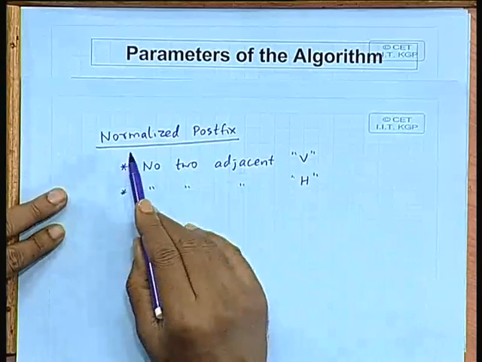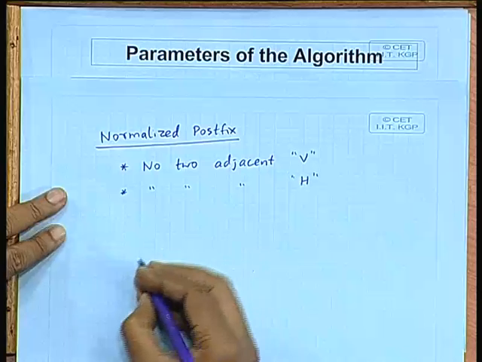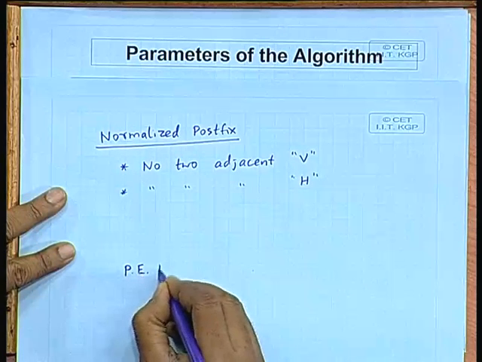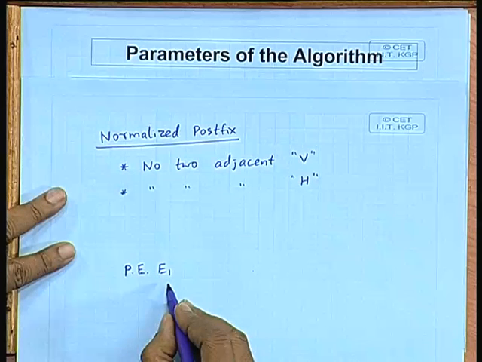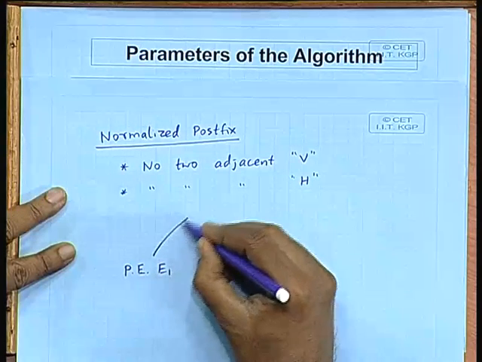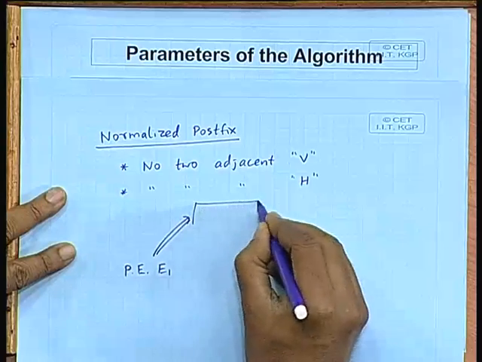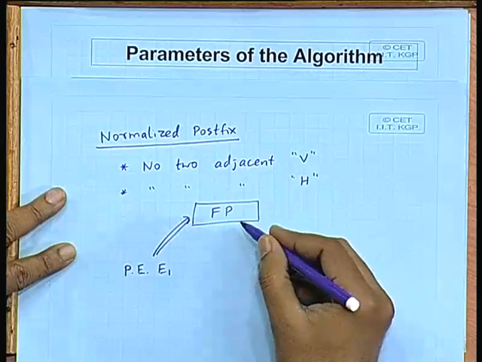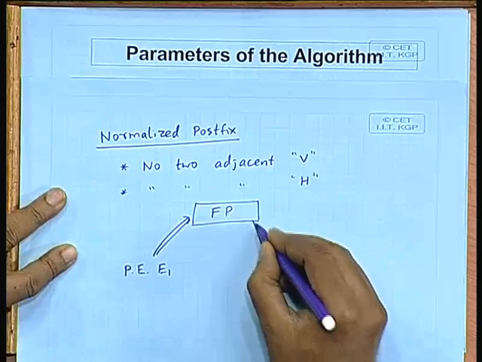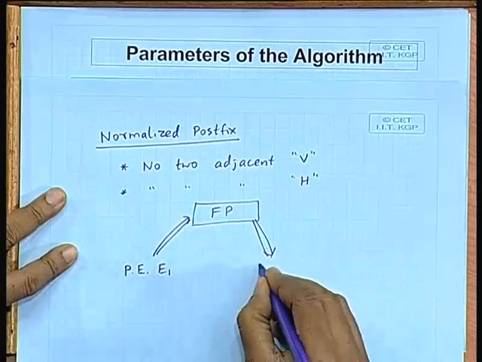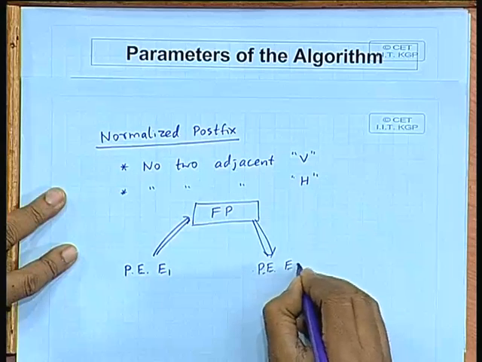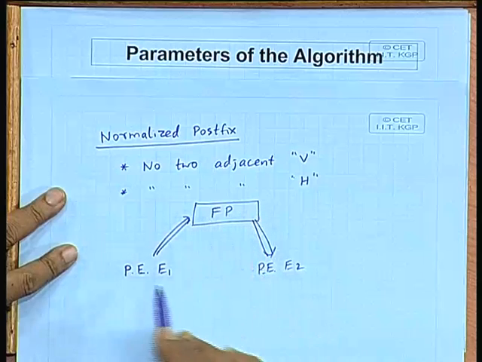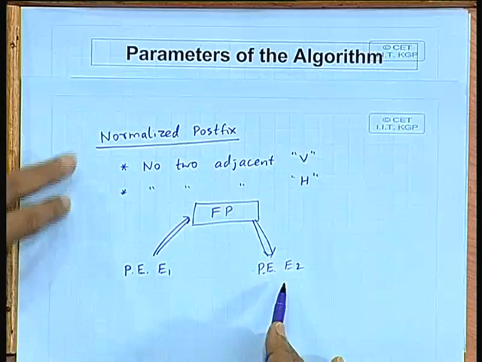We had seen that if you have an unnormalized postfix expression, say E1, corresponding to that expression you will have a floor plan. Now, for most floor plans I have mentioned that it is possible to find another Polish postfix expression, say E2, which is normalized. So, for the same floor plan you can have another alternate representation which is a normalized one.